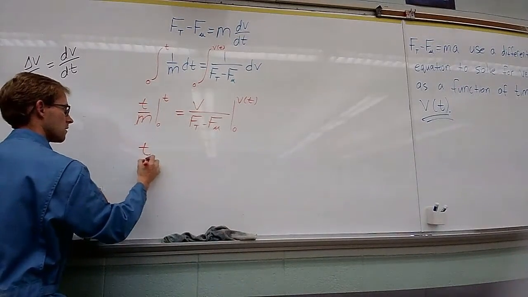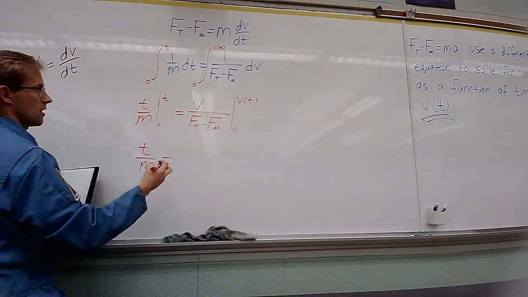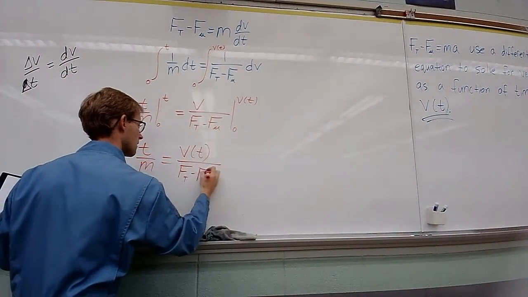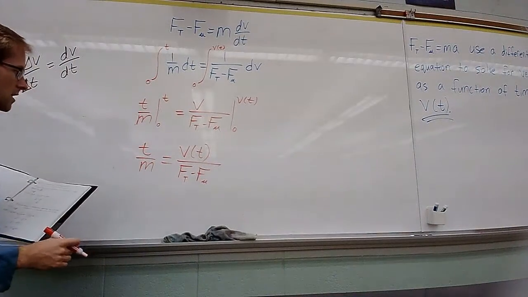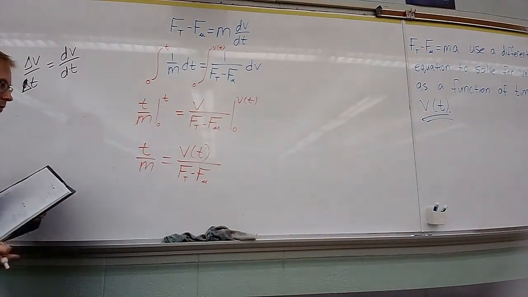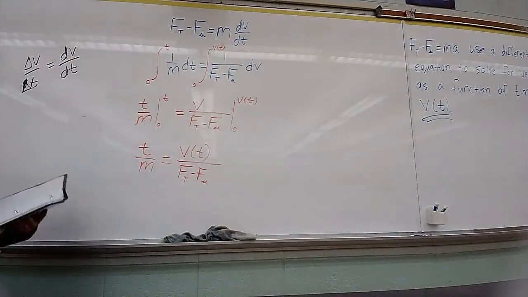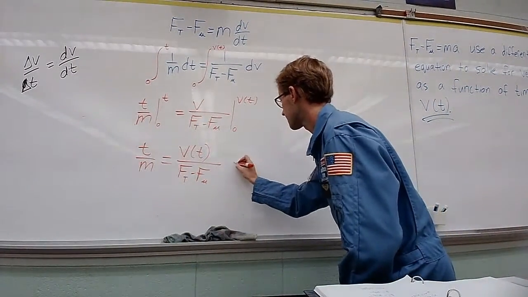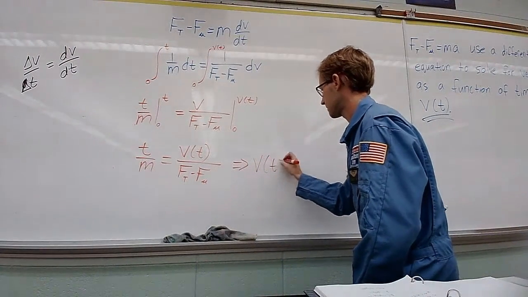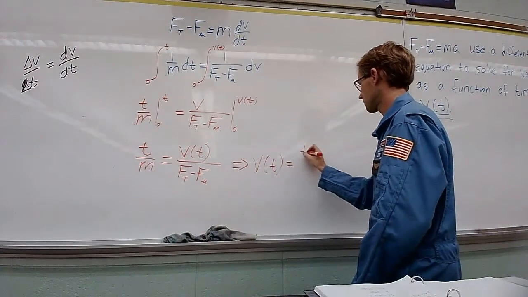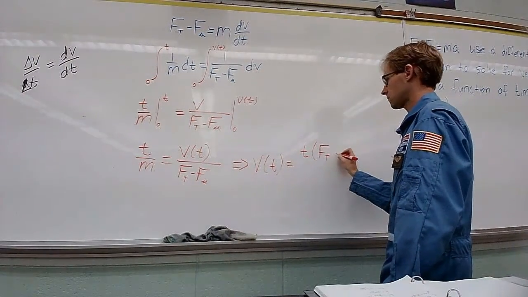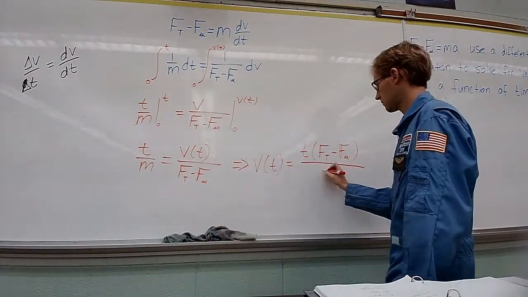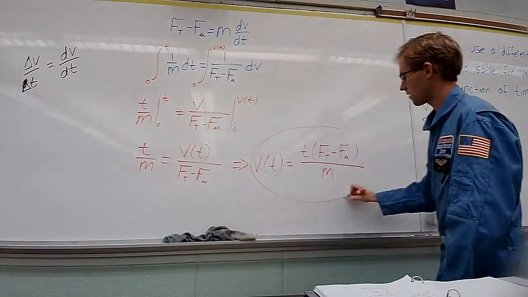You'll end up with t over m on the left, and you'll end up with that on the right. So in order to solve for v of t, you just multiply both sides by the difference between those two forces. And that would be where you land.